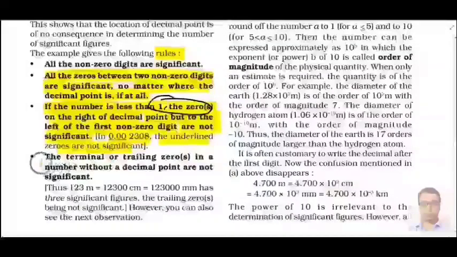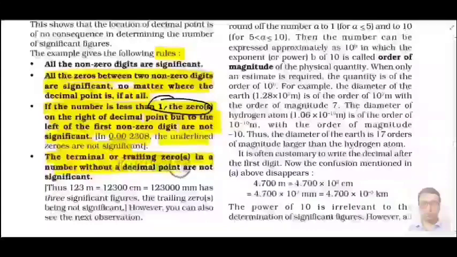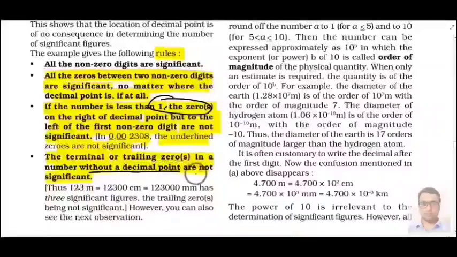And also this rule is very important, that terminal or trailing zeros in a number without a decimal point are not significant. So this is the important line, that without a decimal point, they are not significant. Like here we have the example 123 meter.